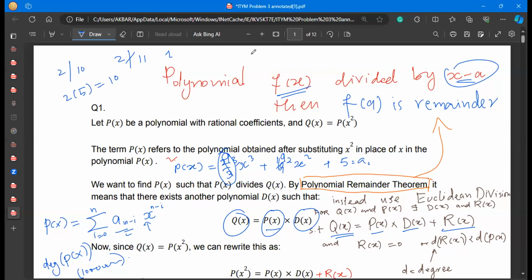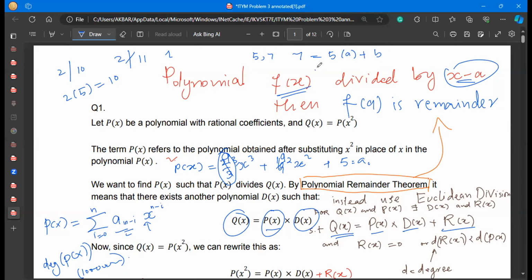For any two numbers, 5 and 7, for example, I can find two other numbers such that I can write one number as 5 times a number a plus b, and b should be less than 5.